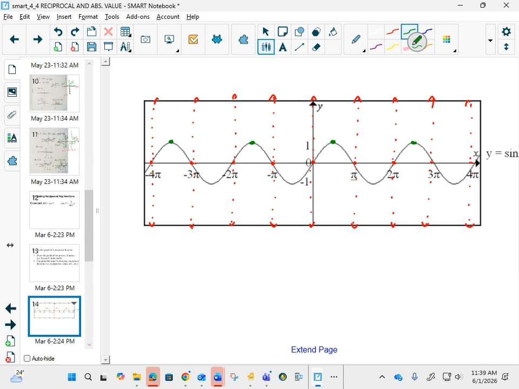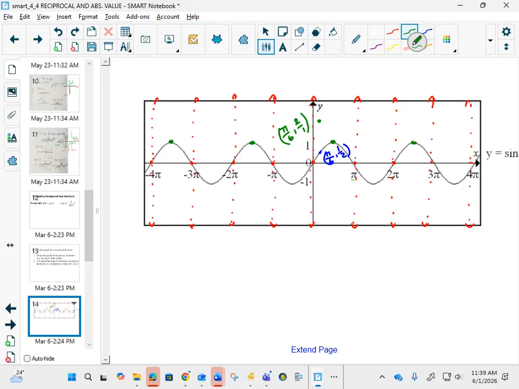You could do another point, like on my original graph here, I have pi over 6, sine of pi over 6 is a half. So on my green graph, I would have pi over 6, 2 over 1. The reciprocal means you just take the fraction and flip it.